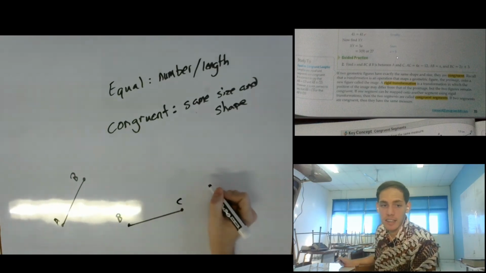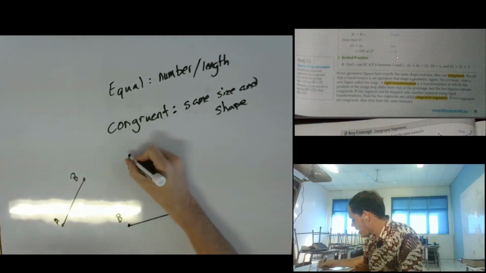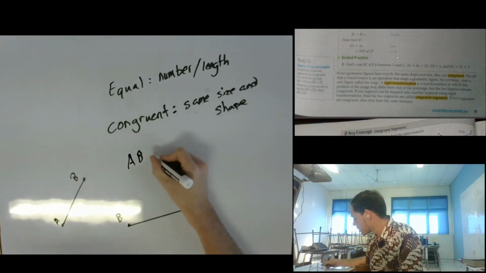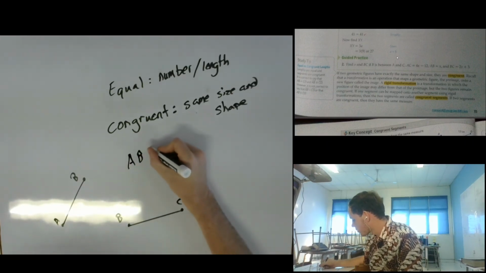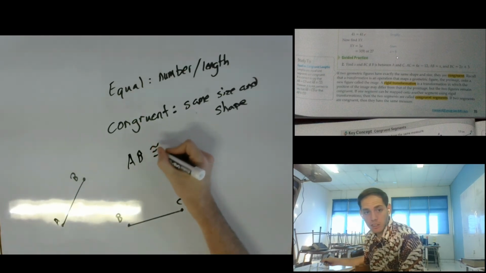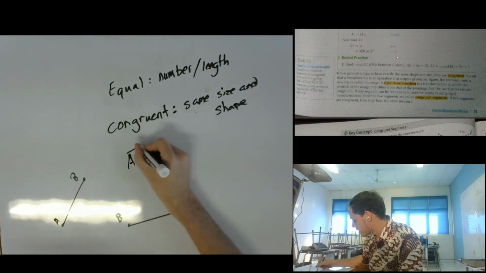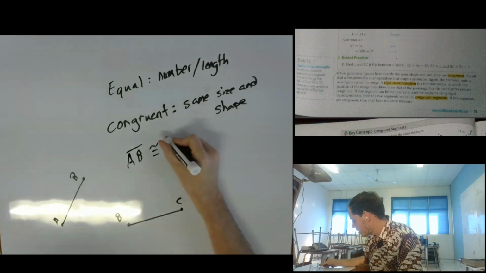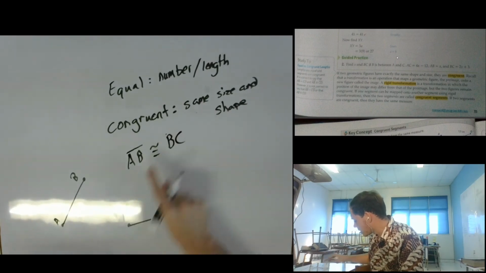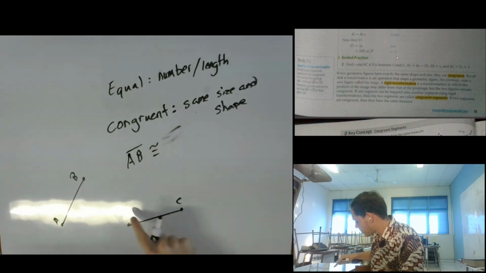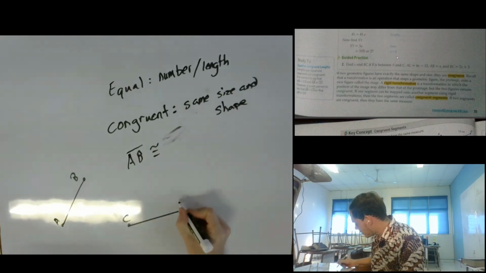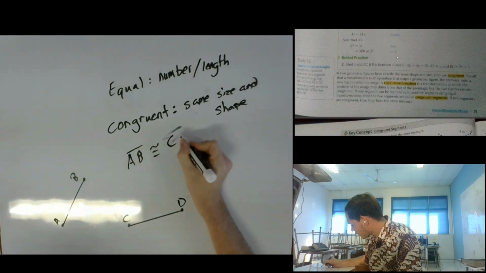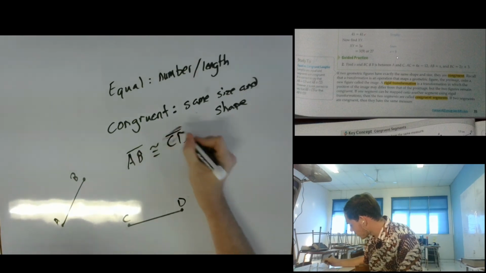In this case, A, B, and congruent looks like this. It looks like an equal sign with a little squiggly. This is the line segment AB is congruent to the line segment, sorry, this should be BC. Let's call it CD. The line segment CD.